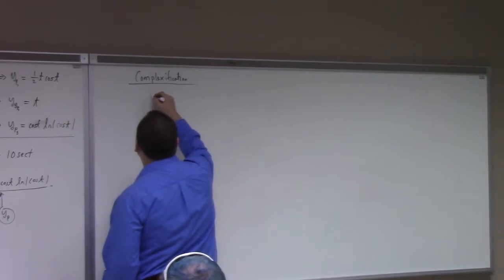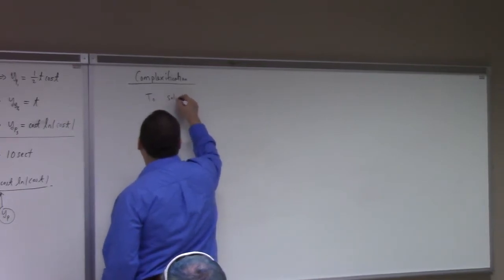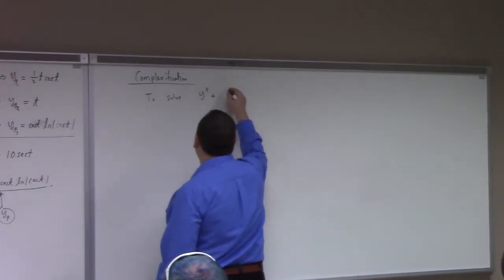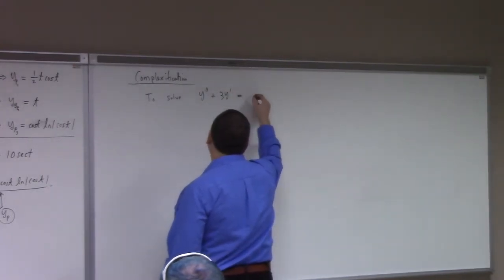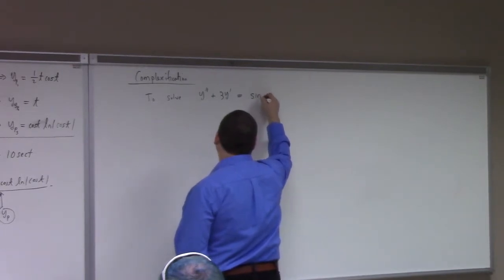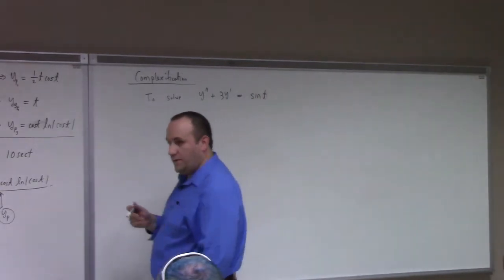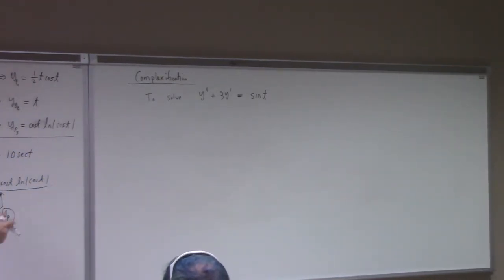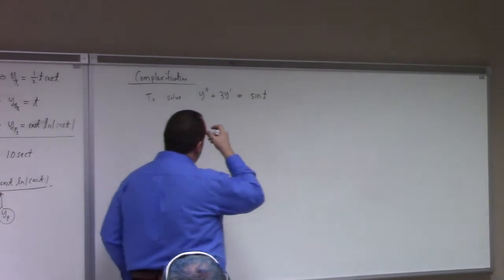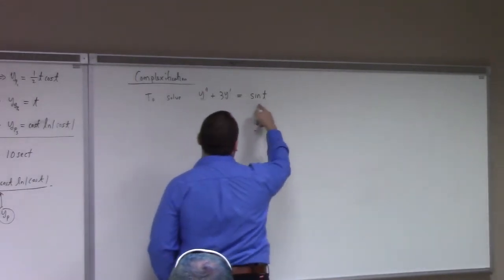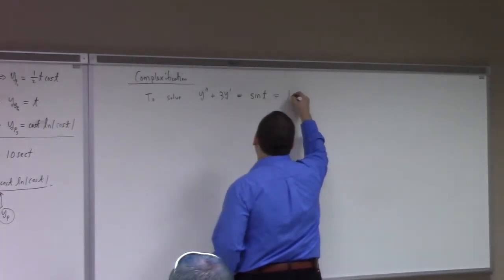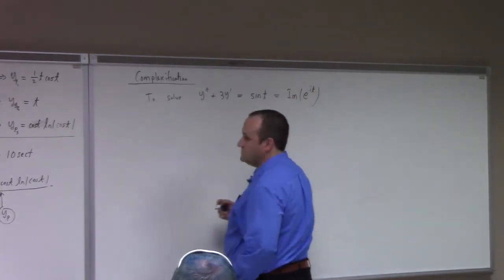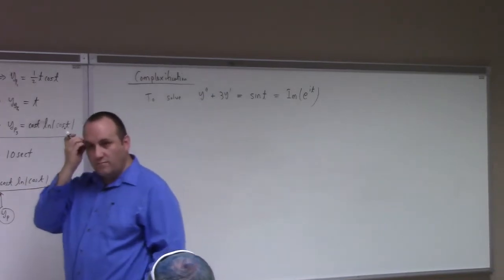So if I'm going to solve, say, y'' + 3y' = sin(t), a game I can play is to say, well, this is equal to the imaginary part of e^(it).